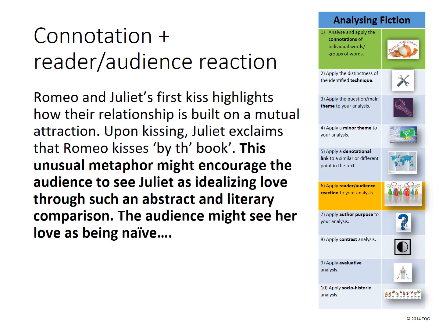So here I have put: this unusual metaphor might encourage the audience to see Juliet as idealizing love through such an abstract and literary comparison. This would need a little bit more, though, to be precise about how the audience would respond. The audience might see her love as being naive, at least until she attempts to requite Romeo's love during the balcony scene.